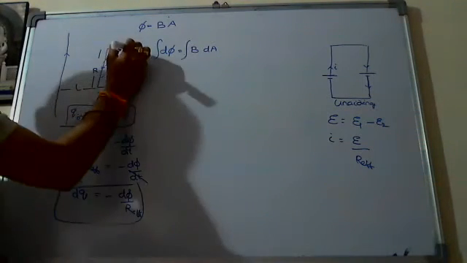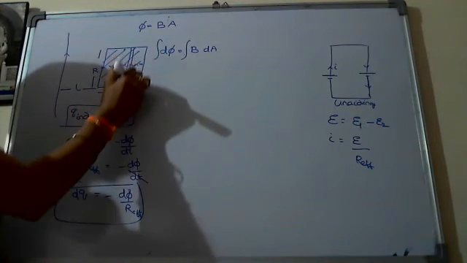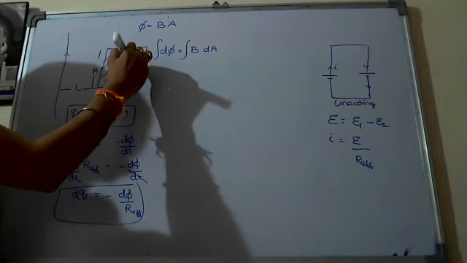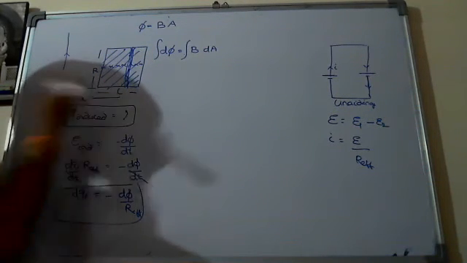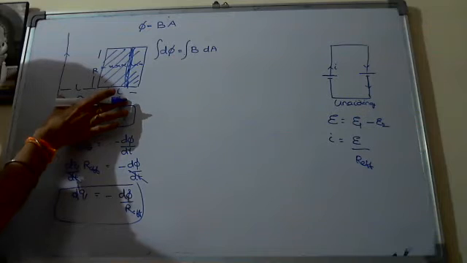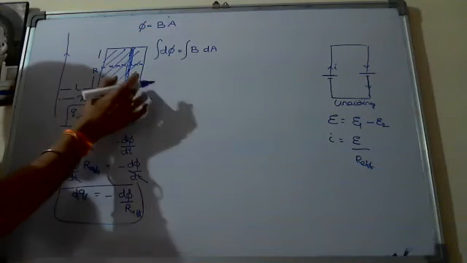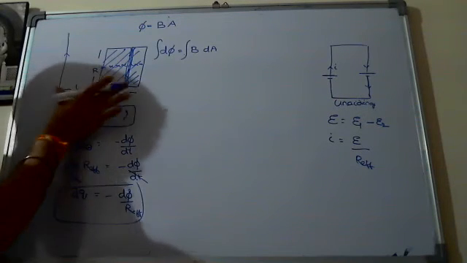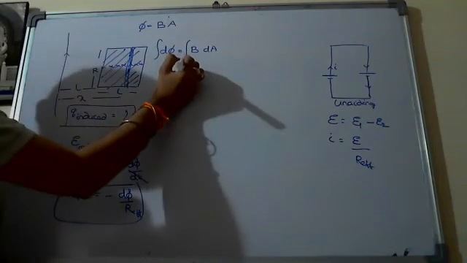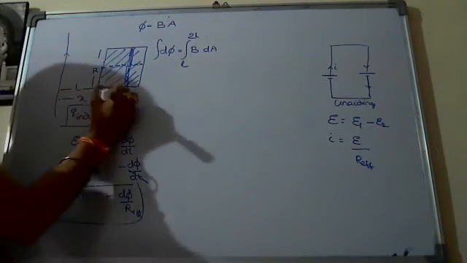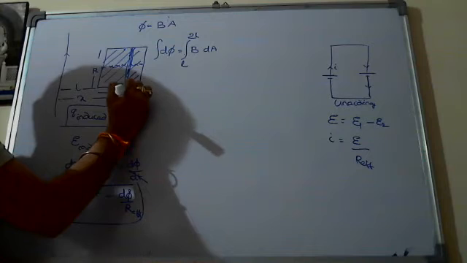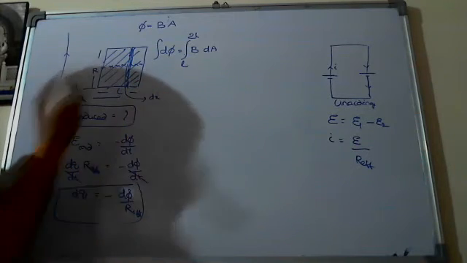So here I am assuming one small part of certain thickness at a distance x. So I have to substitute the limits from one end to the other end, L to 2L, the x limits. And its thickness in the horizontal direction is dx.